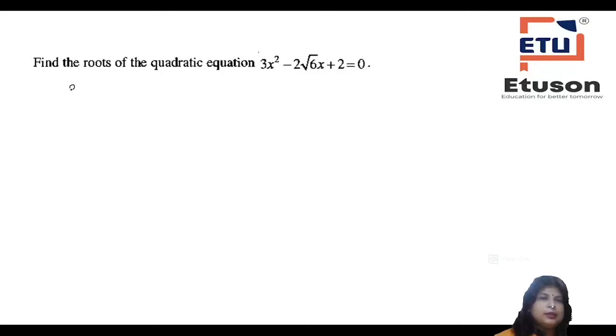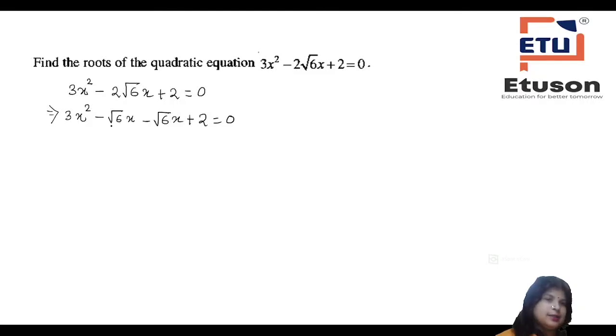So now let us write down the equation as it is, that is 3x square minus 2 root 6x plus 2 is equal to 0. Okay, so can I write 3x square minus root 6x minus root 6x plus 2 equal to 0. Is it equal to whatever I have written initially? Yes, it is correct, right?